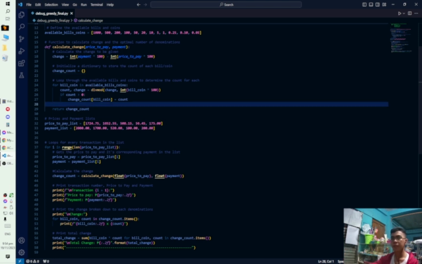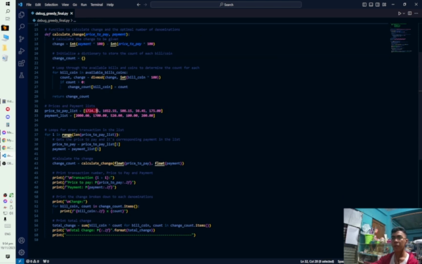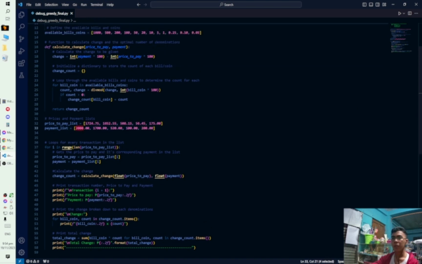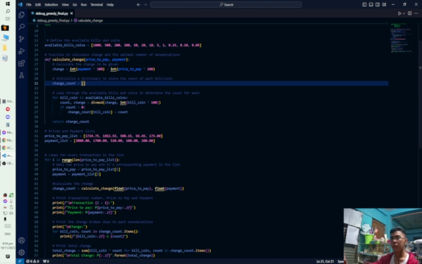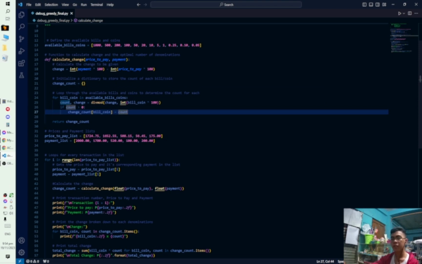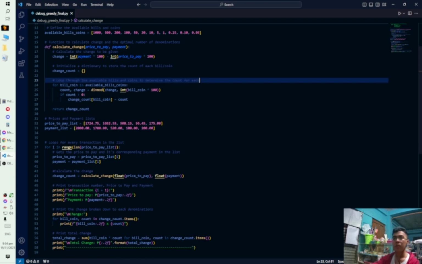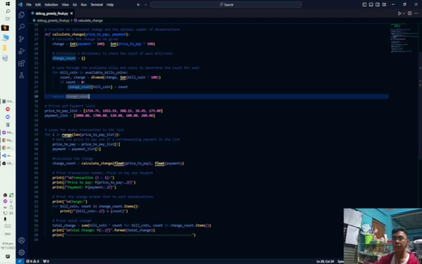For example, we have a key value of the change of the first transaction, and then the value is a list of all of the denominations of that change. So this will look through the available bills and determine the count for each bill. Then it will return the result of that.